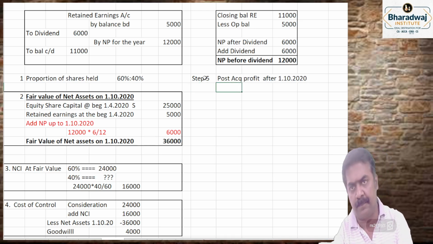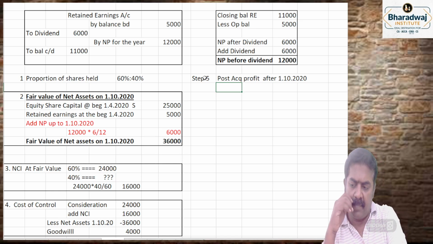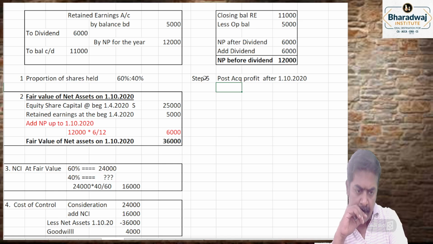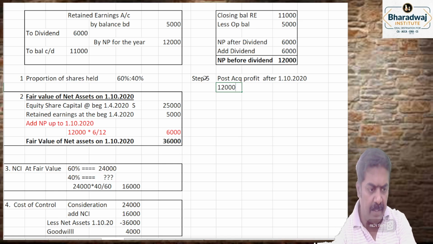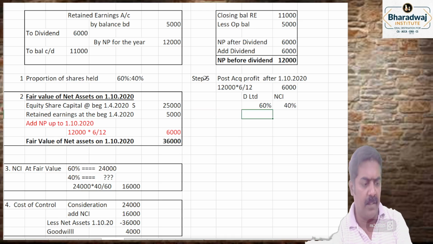How much? 12,000 into 6/12. Split this between the parent company and NCA. How much will it come?